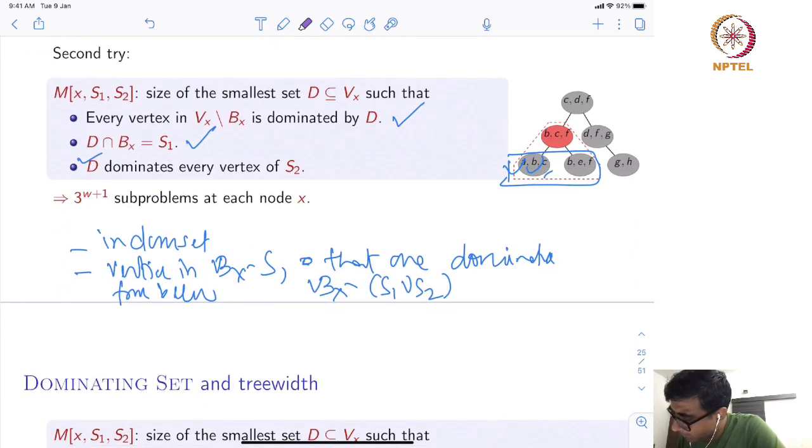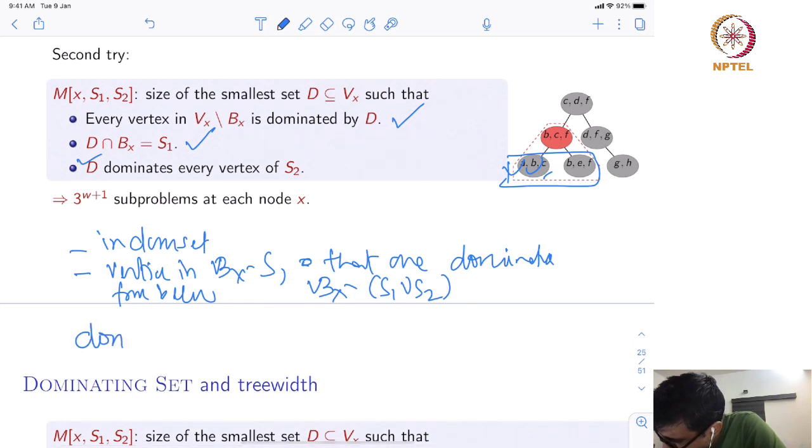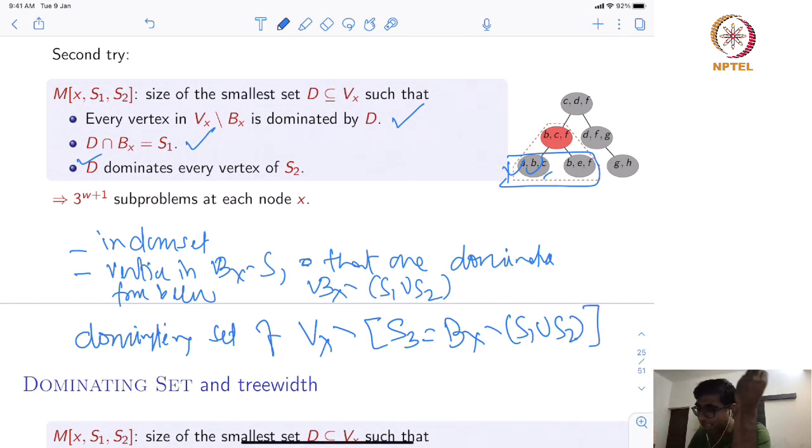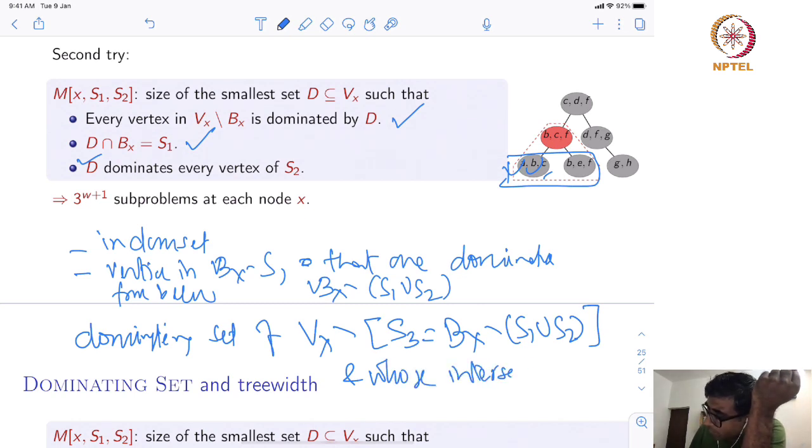We are trying to find a dominating set of Vx minus S3, so you are dominating everything but this, and whose intersection with Bx, the bag of x, is S1.